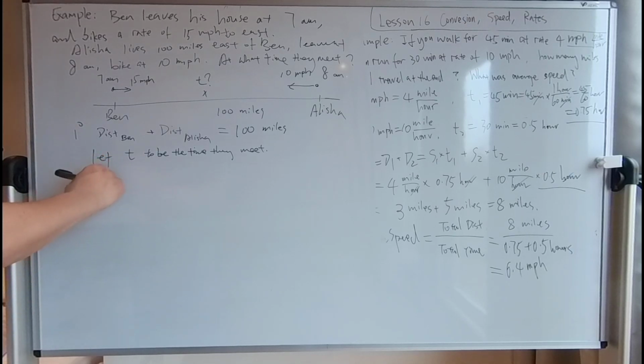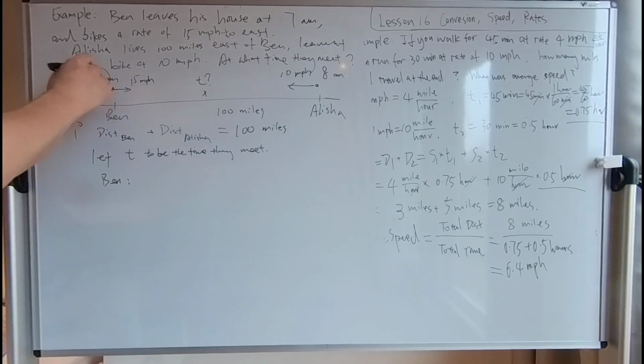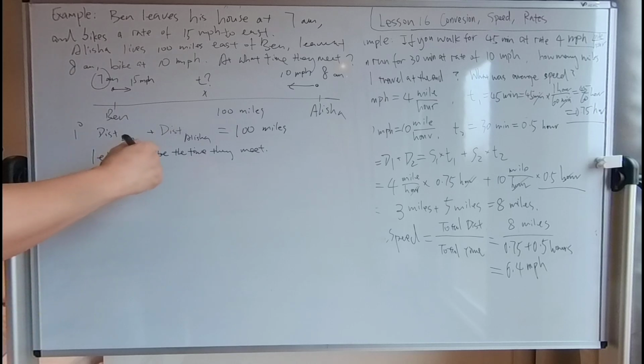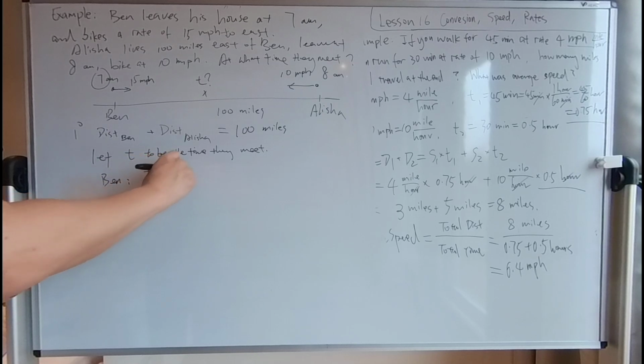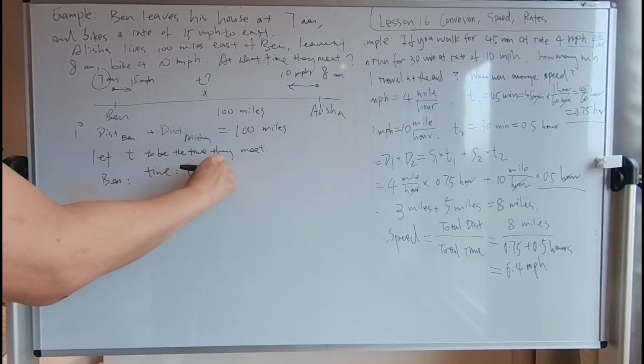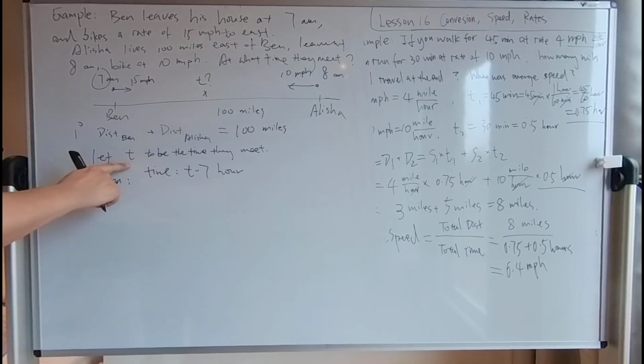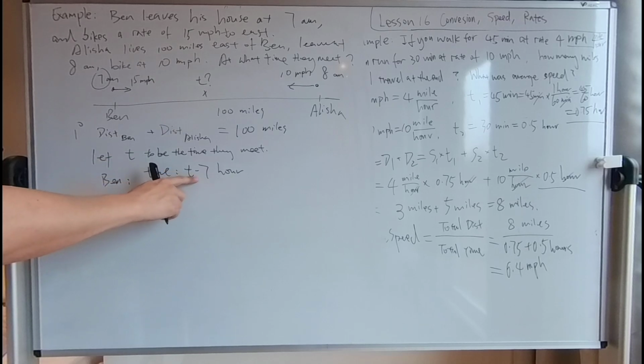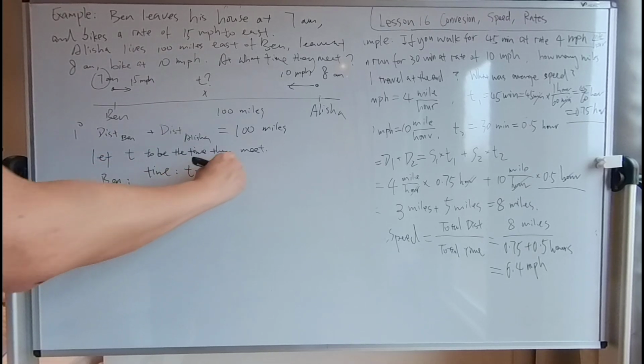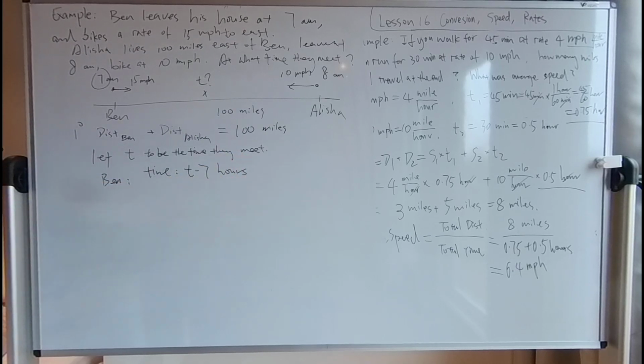So how long would Ben travel? Because Ben departs at 7 a.m., the time Ben spent is t minus 7 hours. For example, if t is 12 o'clock, then Ben spent 5 hours, right? If t is 10 o'clock, Ben spent 3 hours. So Ben spent t minus 7 hours in terms of time.